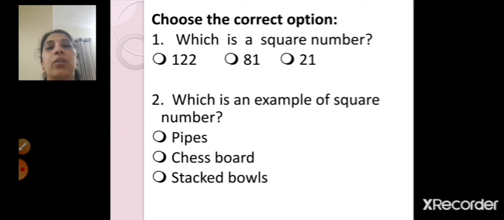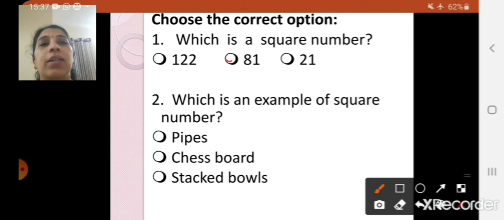Because you just think 2 square is 4, 3 square is 9, 4 square is 16, 5 square is 25, 6 square 36, 7 square 49, 8 square 64, 9 square is 81. So can you see 81? Yes, 81 is there. So like this you will have to think about each and every number, what square will come. So you can find out the answer that 81 is a square number.